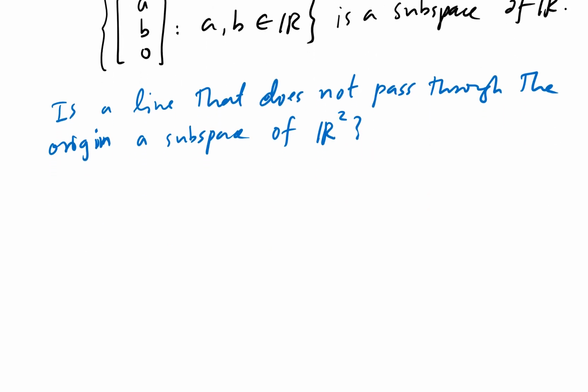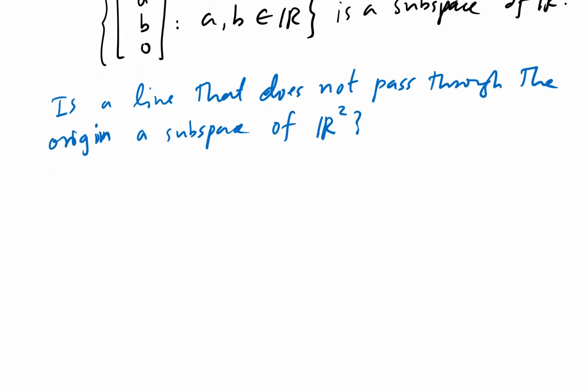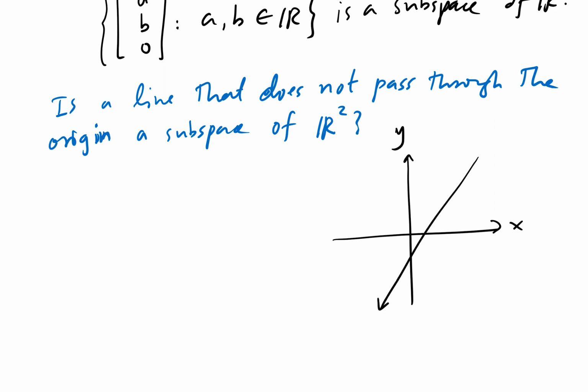So we need to check if a line that does not pass through the origin is a subspace or not. You may pick any line, say this line.